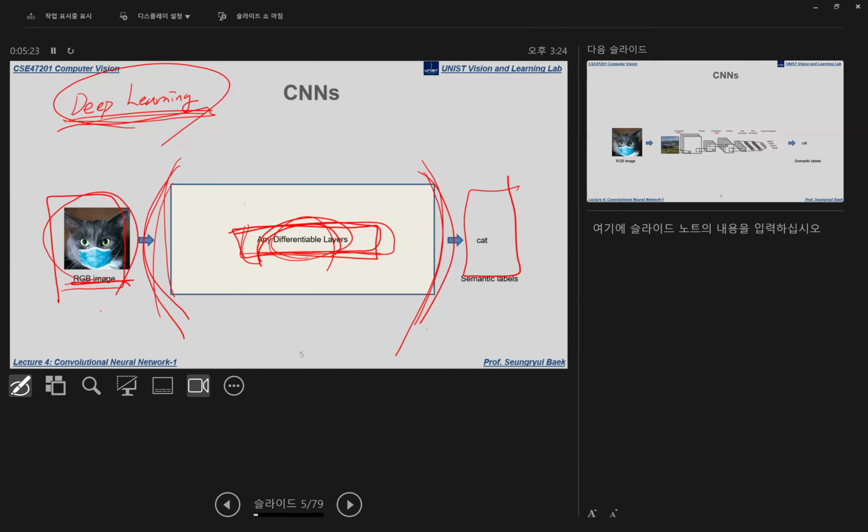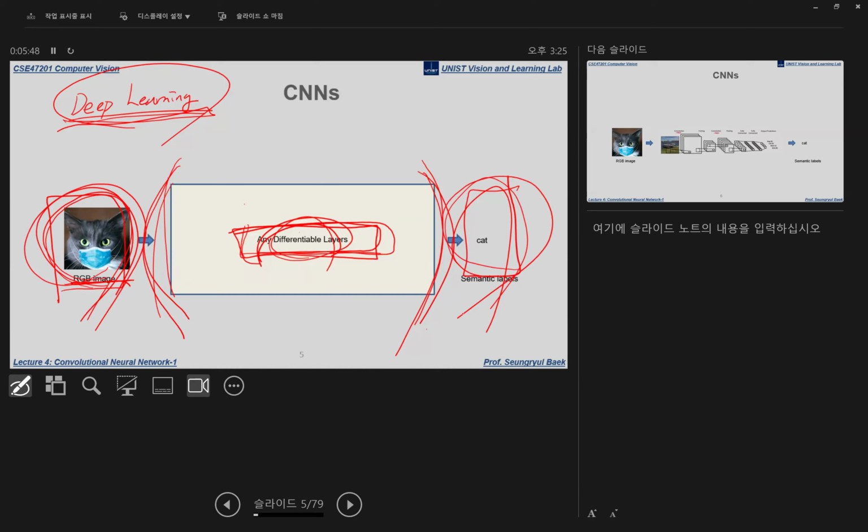Given an RGB image, we want to predict its semantic label. For different tasks, we can freely change these input and output values. Maybe we input some image and want this deep architecture to generate some new image.